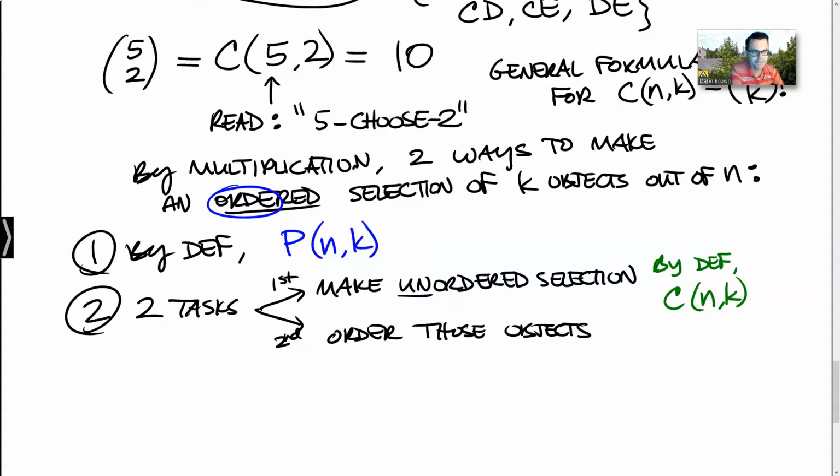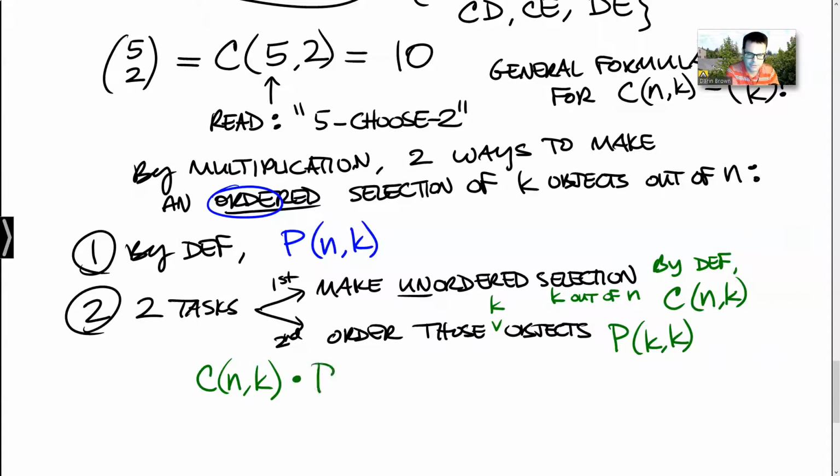Then how many ways can I order those objects? Well, this is k permute k. So that means by multiplication, there's going to be n choose k times k permute k ways of doing it all together.